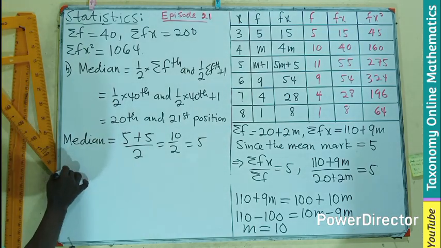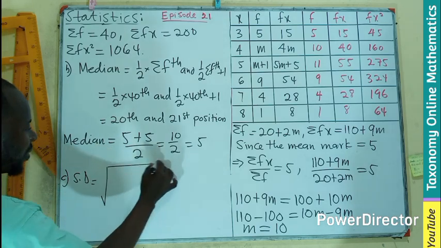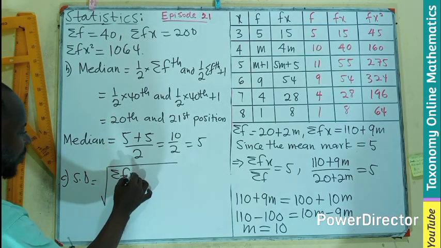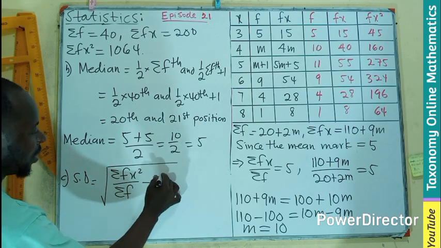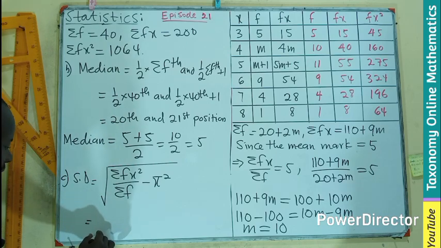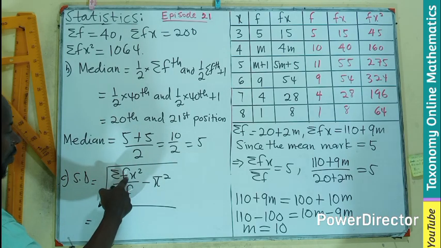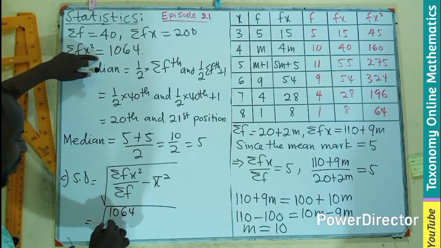Then part C is asking for standard deviation, which the formula is the square root of sigma fx squared over sigma f, minus the mean squared. So all we need to do is substitute into this formula. Sigma fx squared is 1064.